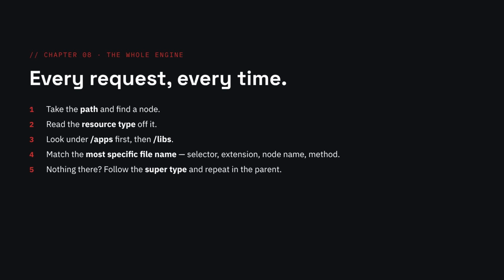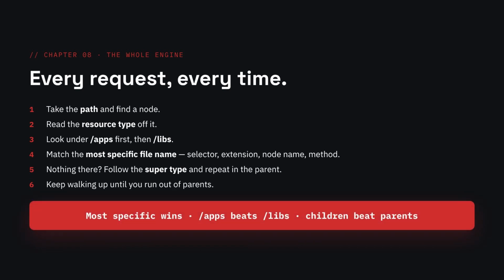Nothing there? Follow the super type and do 3 and 4 again in the parent. 6. Keep walking up until you run out of parents. Most specific wins, /apps beats /libs, children beat parents. That is the whole engine. That is Sling resource resolution. Find the resource, then find the script.